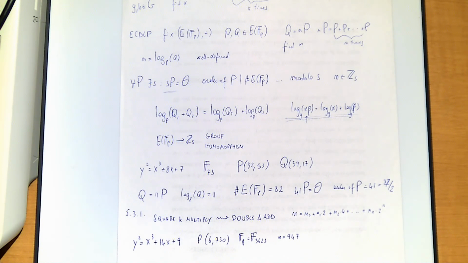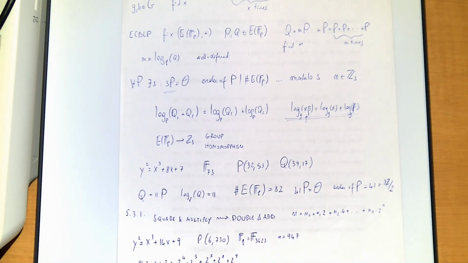But in fact, what I can do is write n as, this is 947, so it's 1 plus 2 plus, then the next multiples are not there all the way up until 2 to the 4, then I have 2 to the 5, then I have 2 to the 7, then I have 2 to the 8, and then I have 2 to the 9. Okay?